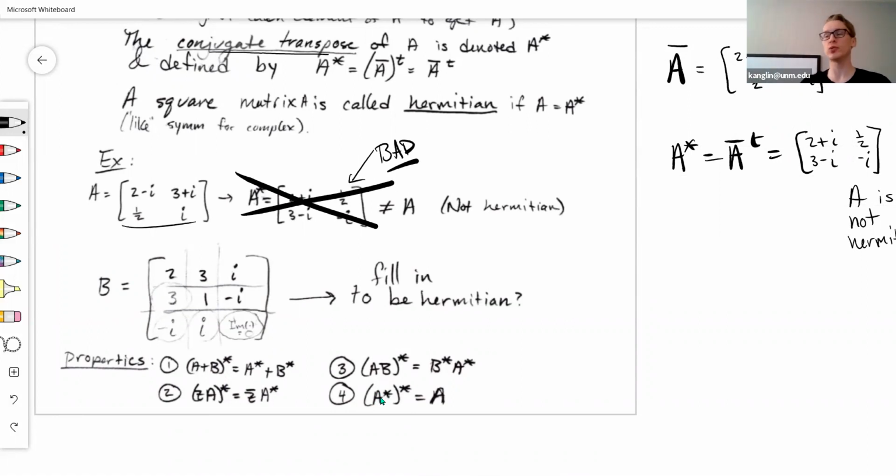If you do that again, you're switching all the rows and columns back to their original positions, and you're switching all the signs on the imaginary parts once again, so it puts them back to their original signs. So applying that twice does nothing at all to A.